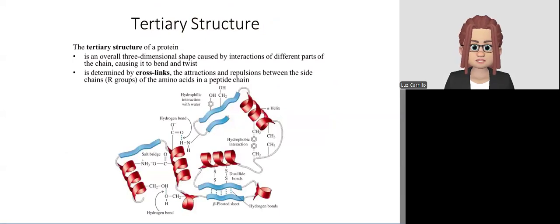The tertiary structure of a protein is going to be the interactions between the side chains of the amino acids. And these side chains of the amino acids can be involved in the following interactions. They include hydrophilic interactions with water.